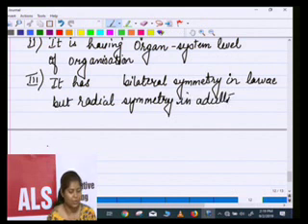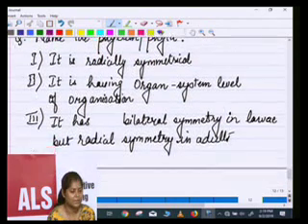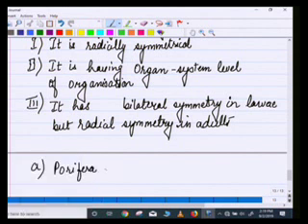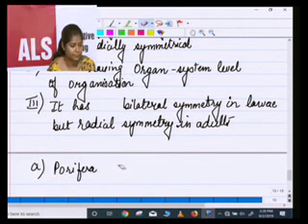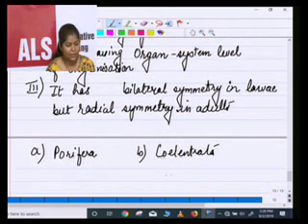Okay, perfect. So, did you see all the particular statements? Let's name the phyla. What can be the options? C. Porifera. Second option, Coelenterata.